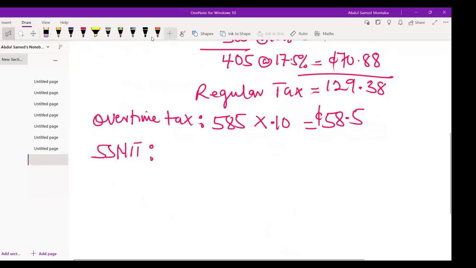Senate is a saving that you set aside so that when you are old, you are given back your money. So Senate is 5.5%. So 1,002 is the regular income times 0.055. What will we get for Senate? 66 cedis. Thank you.